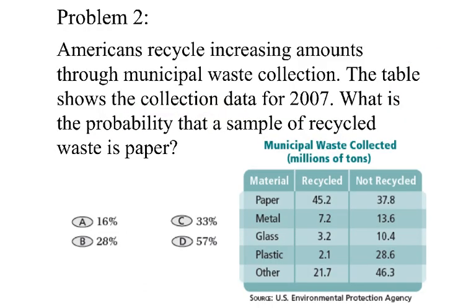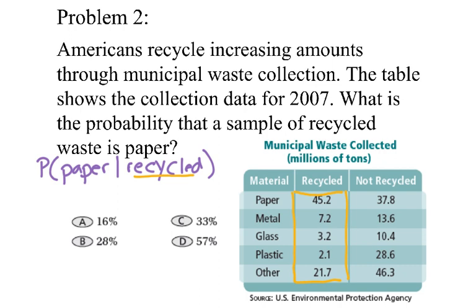Americans recycle increasing amounts through municipal waste collection. The table shows the collection data for 2007. What is the probability that a sample of recycled waste is paper? So here, a probability that a sample of recycled waste is paper. So we are finding the probability that something is paper given that it's been recycled. So if it's given that it's been recycled, we're looking at the recycled category.